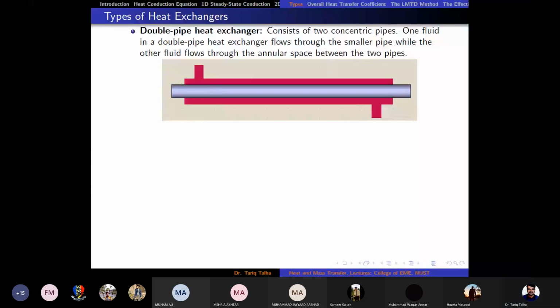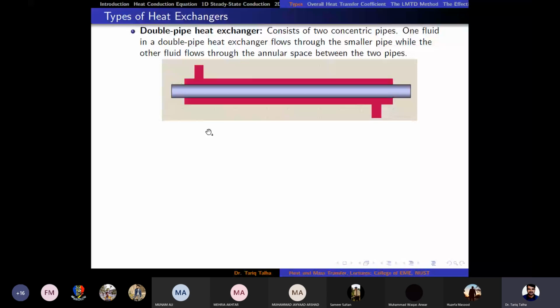Now, they are concentric pipes basically, so we call them double pipe heat exchangers. But in practical applications, we seldom see them in this arrangement. Rather, we see a bundle of tubes inside a bigger shell, which can be of cylindrical shape.